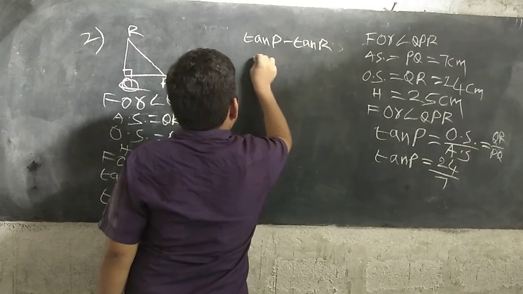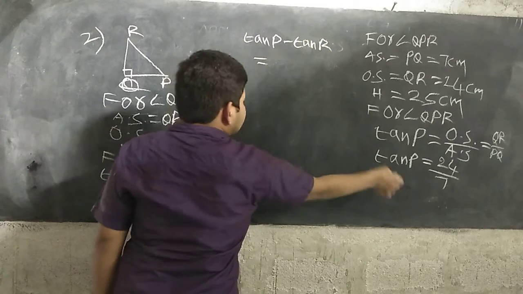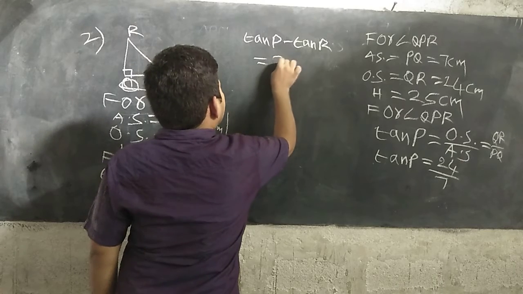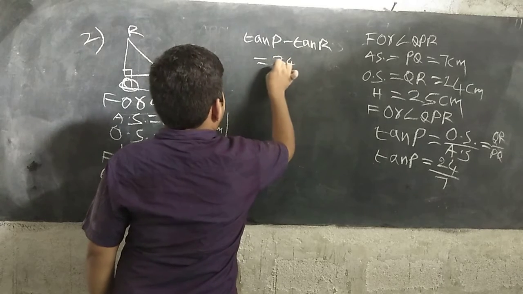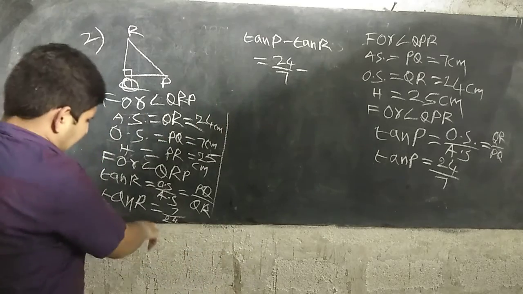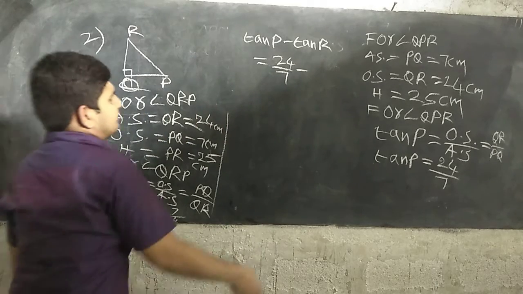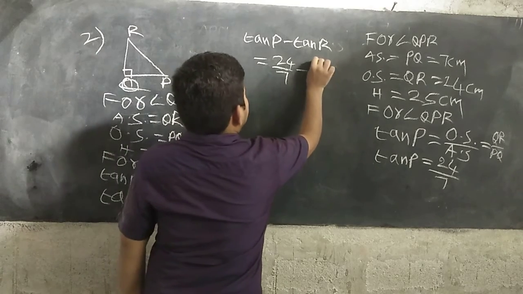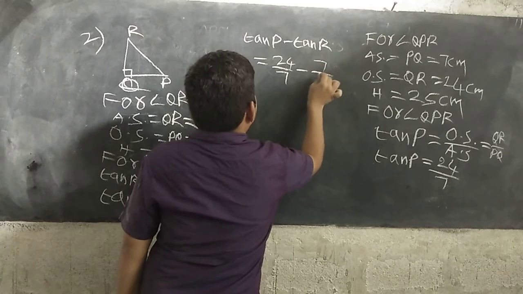Tan P equal to what? 24/7 minus tan R. What is tan R? 7/24.